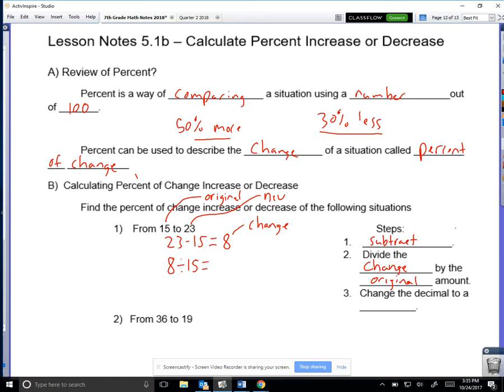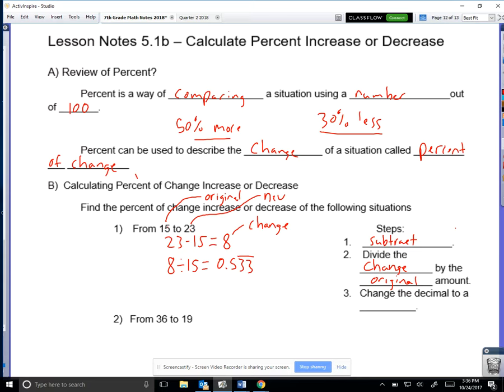Okay, now that's kind of a backwards division problem, and it's going to get us a very small decimal number, and that's okay. That's what we want, all right? That is going to give us 0.533, and those 3's are just going to keep repeating forever, okay? We did step 2, we divided. Now we're on to step 3.